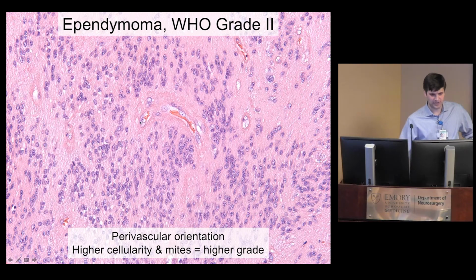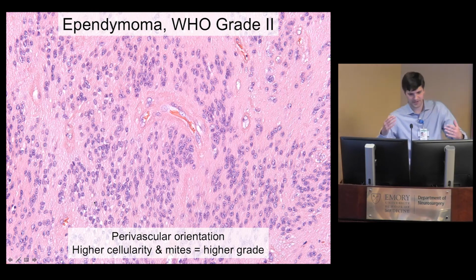Again, we see perivascular orientation of these pretty banal appearing tumor cells. So they're standing aside, they respect the vessel, and there's a lot of fibrillarity in between the tumor nuclei and the vessels, all right? So they'll be arrayed around the vessel here, and they'll group up a little bit as well. So they'll kind of make little groupings, and they'll step aside from the vessels.